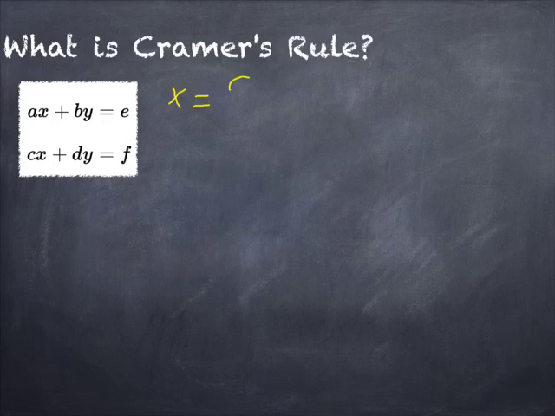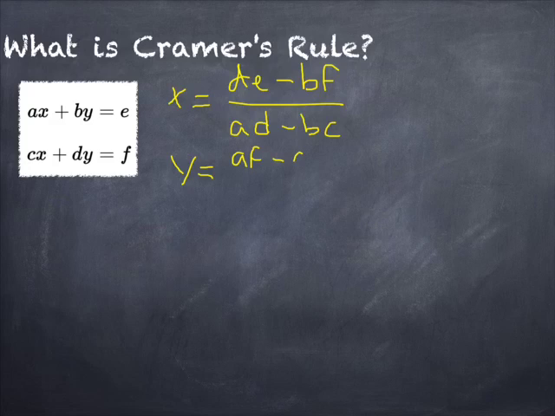X equals, in this case, DE minus BF over AD minus BC, and y equals AF minus CE over AD minus BC.